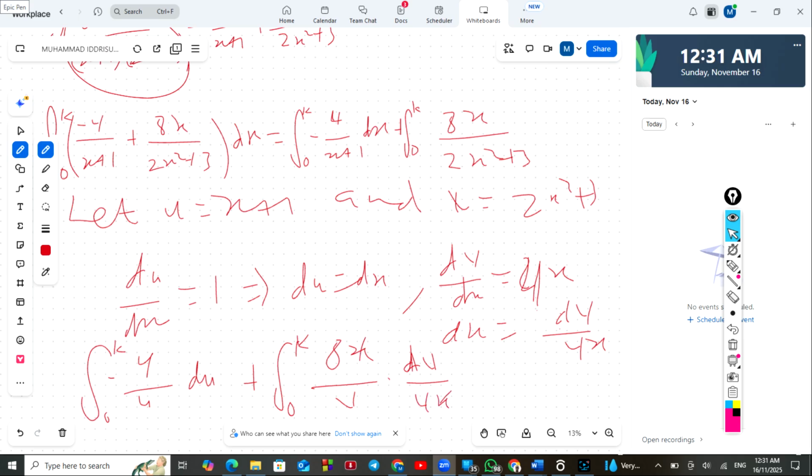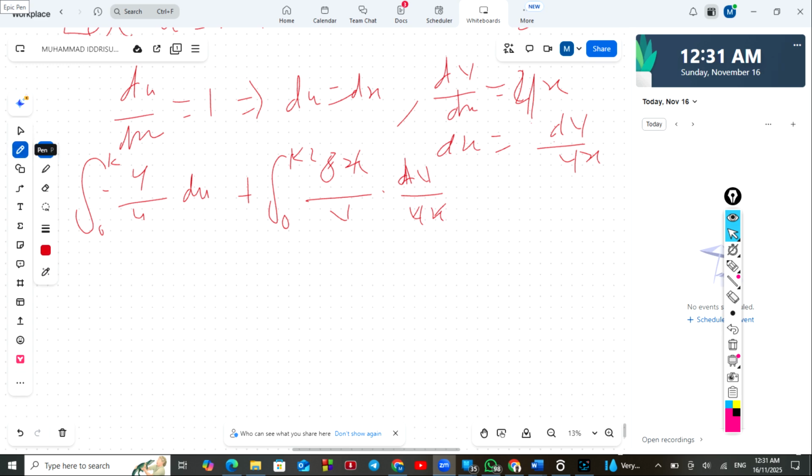So here this will cancel, this will cancel too. Now let me take the constants out of the integral. So now I have negative 4 integral from 0 to k of 1 over u du plus 2 integral from 0 to k of 1 over v dv.